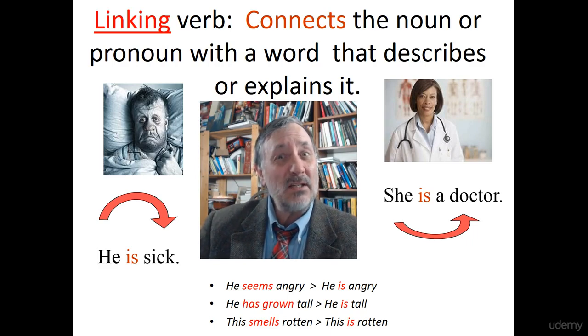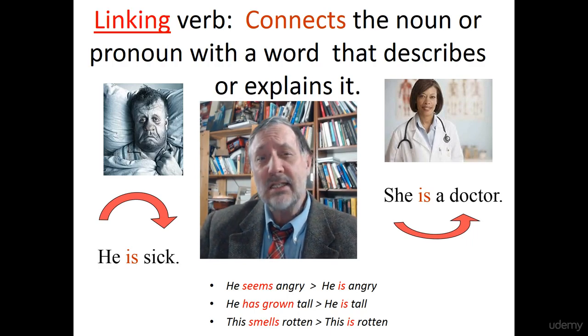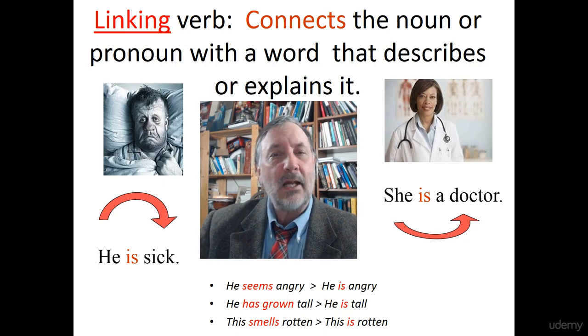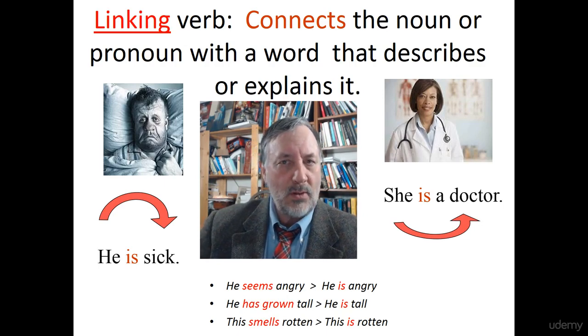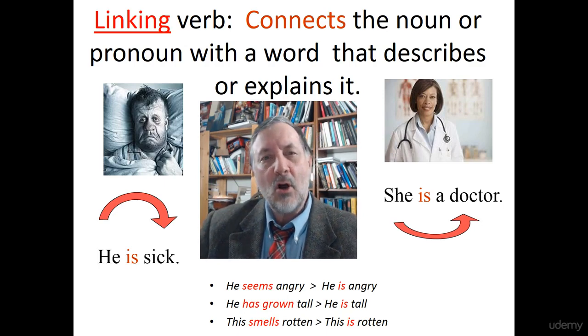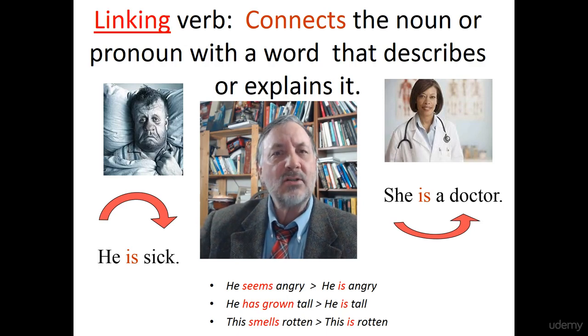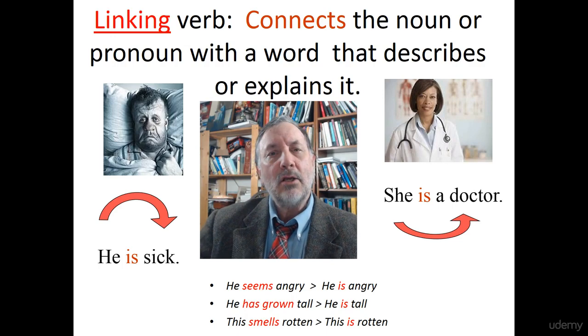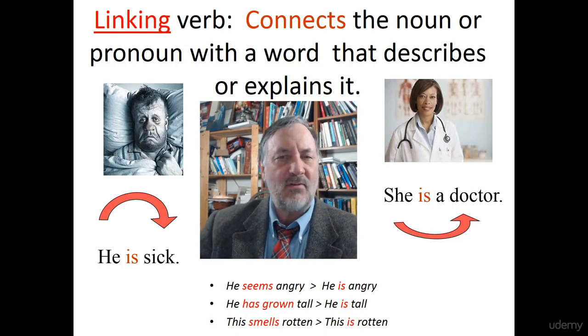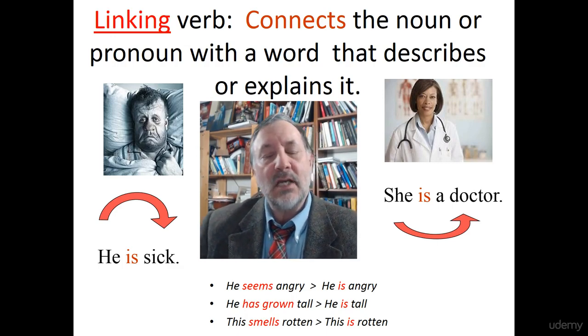If you could say he is tall, well, again, you're using it as a linking verb. Now, you have to be careful with some of these words, because to grow could also be an action. He has grown some great tomatoes. Okay, so there you're using the word grow as an action verb because he is doing something. He's just not being something, such as tall in our example.